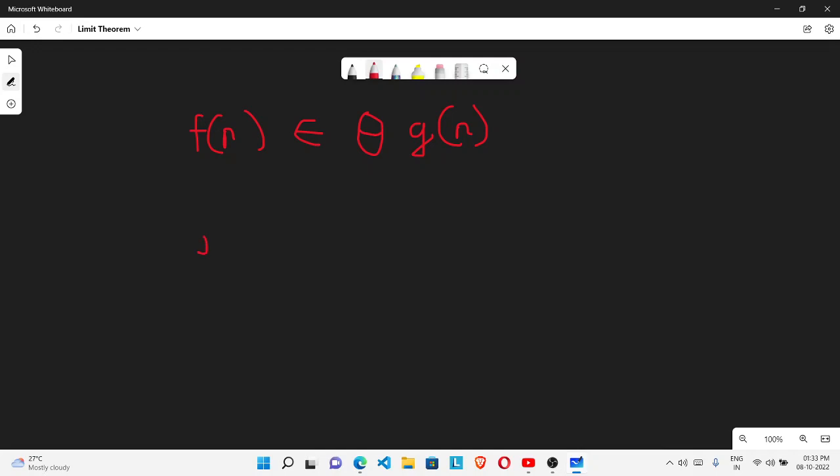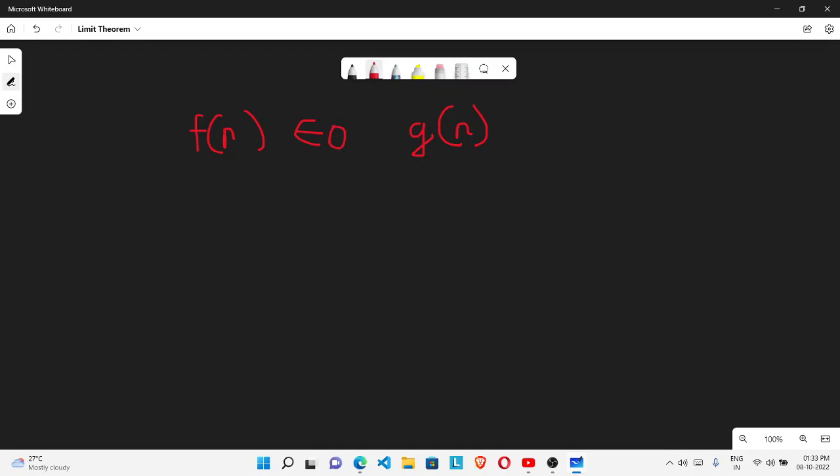I'm sure you guys already know that omega is the best case. I'm not writing it down. Omega is the best case, and big O is the worst case, and theta is the average case. So that is what this limit theorem helps us to find.